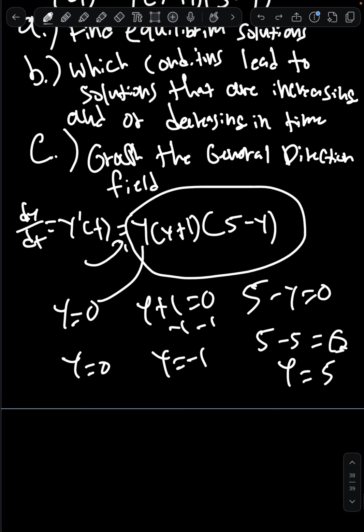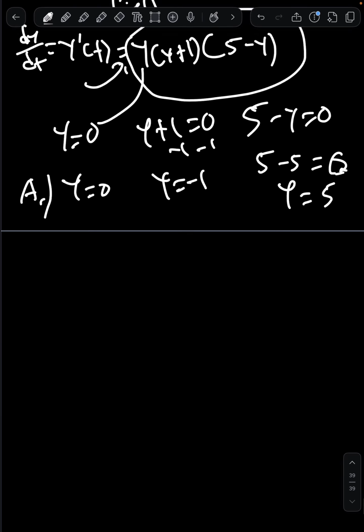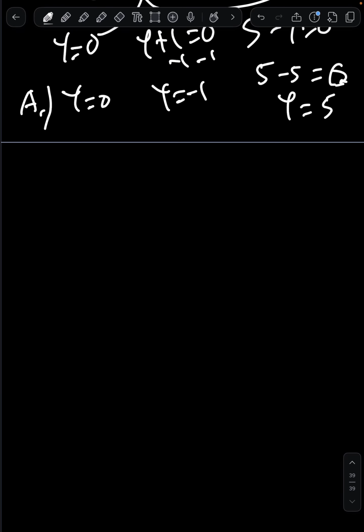So just to mark, this is the solution for A. These are equilibrium solutions: y equals 0, negative 1, and 5. Now we're going to test intervals. Let's start with negative 1 since it's the most negative point. Let's test what happens between negative infinity and negative 1.